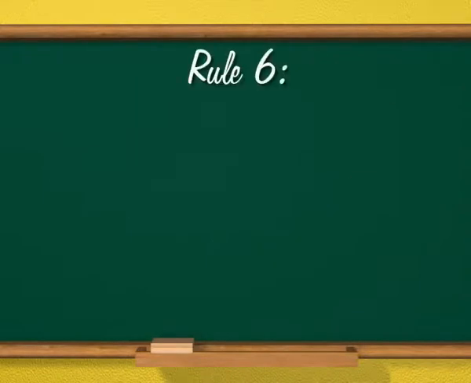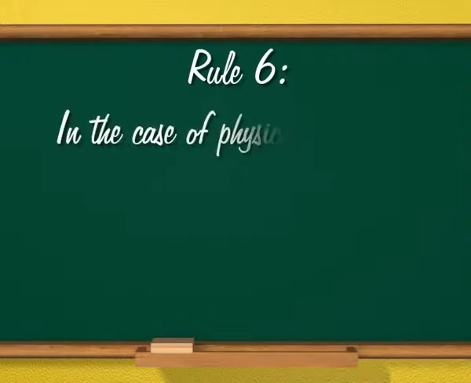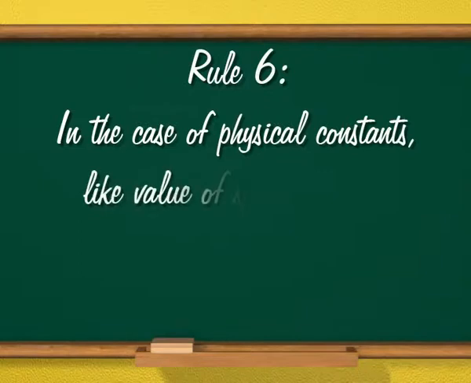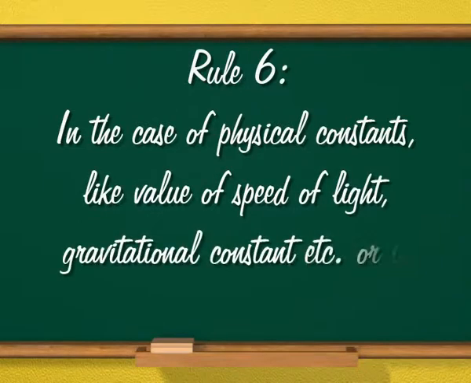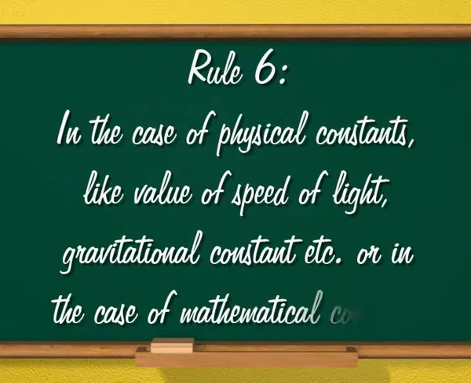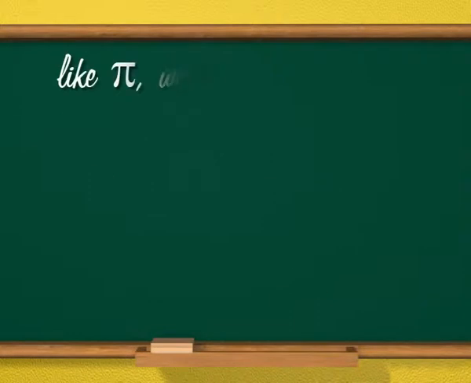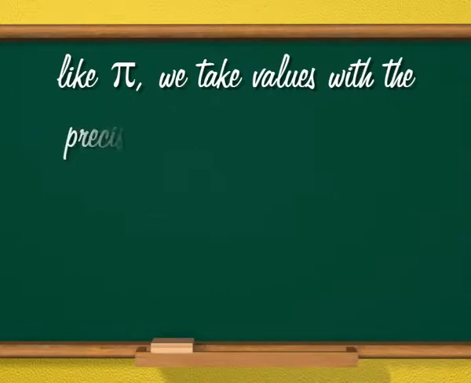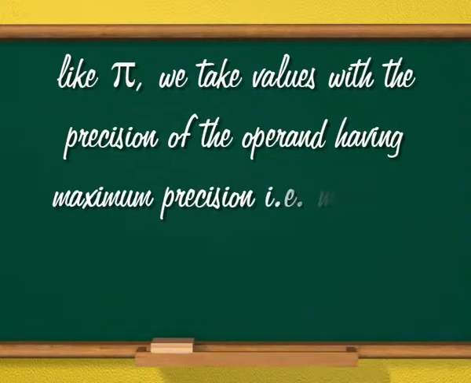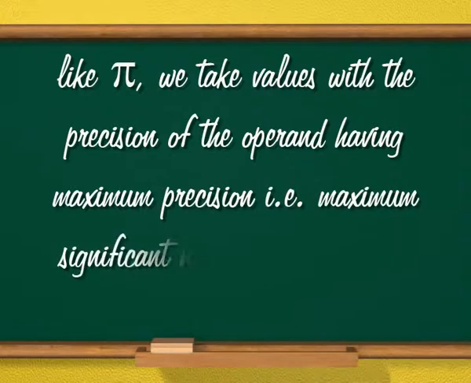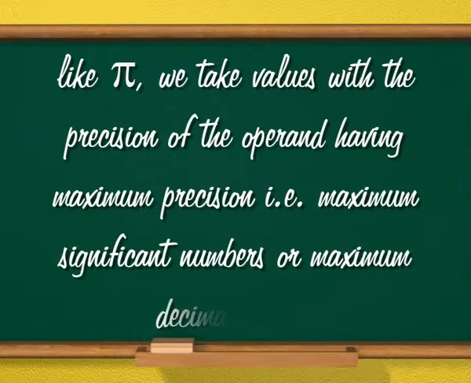Finally, rule 6 is, in the case of physical constants like the value of speed of light, gravitational constant, etc., or in case of mathematical constants like pi, we take values with the precision of the operand having maximum precision, that is, maximum significant numbers or maximum decimal places.